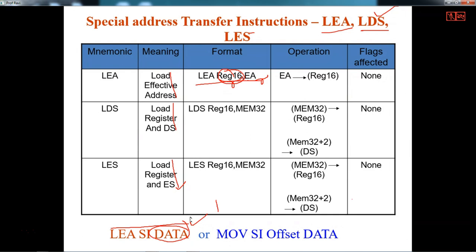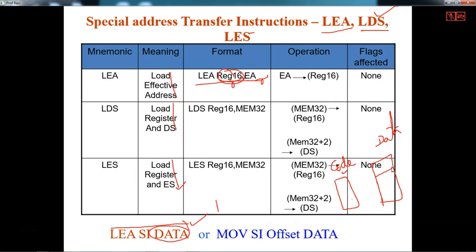Now I want to move something. You can take this as an example. Let us take, you have a data segment where your data is lying. Now this is the data segment, and you are writing your program, your instructions, in the code segment.